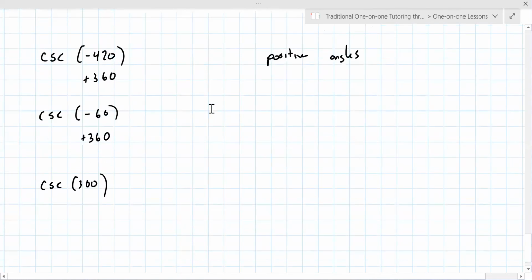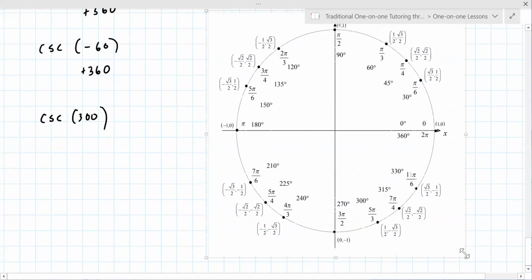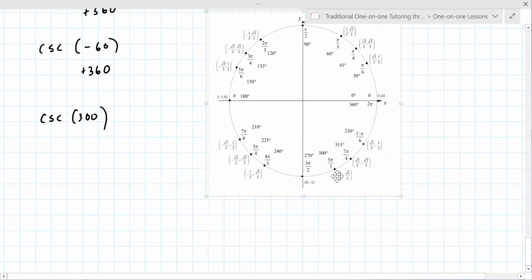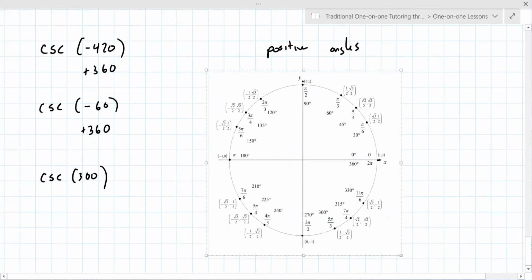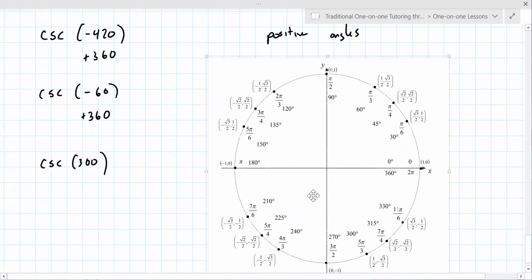Yeah. Okay. Now on this unit circle that I keep showing over and over again, I really hope you can use this, like you really should push hard for not having to memorize this. Where is 300 on this unit circle? In the fourth quadrant. Fourth quadrant, yep. And it always goes counterclockwise.